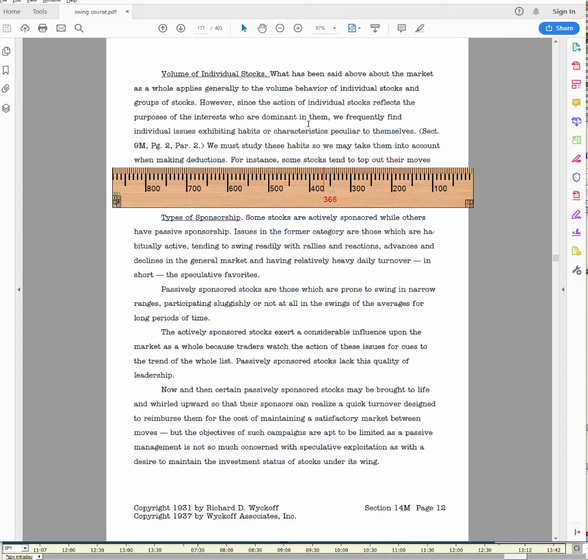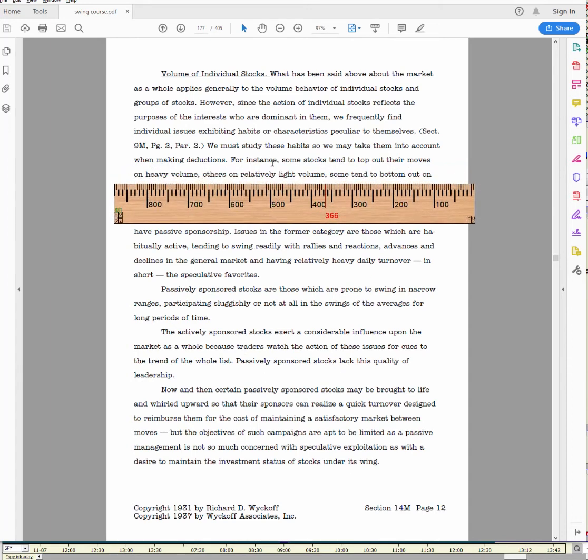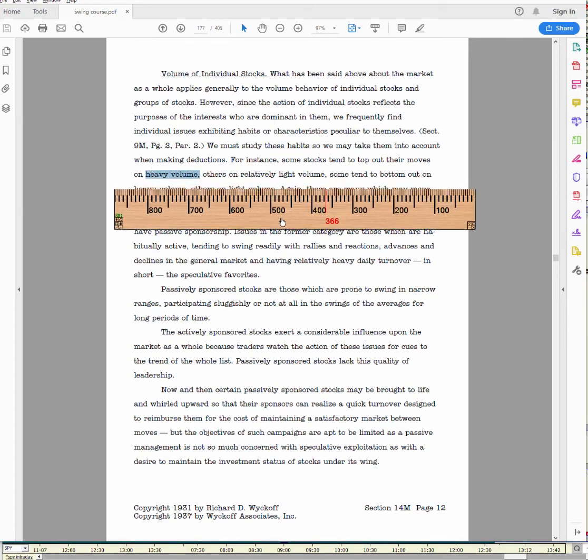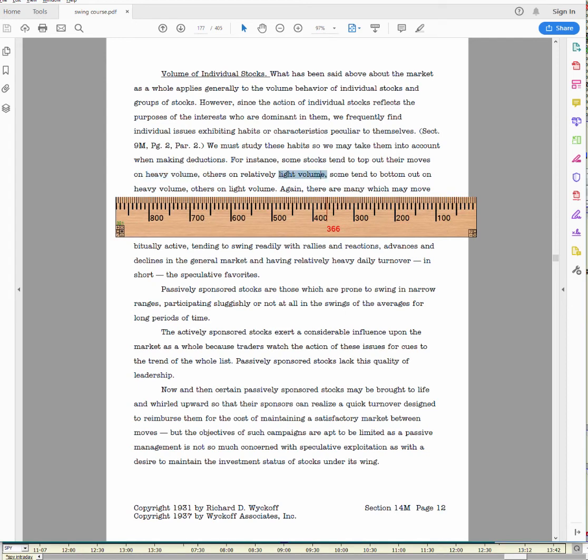You should know what those habits are, and that's only if you observe that market for quite some time. Some stocks top out on heavy volume, others on light volume. You see?